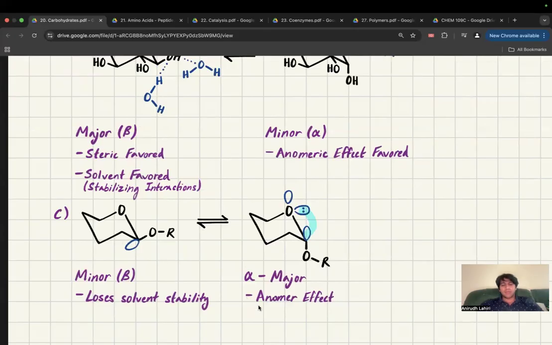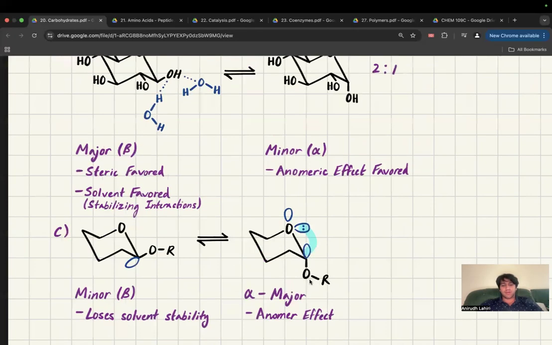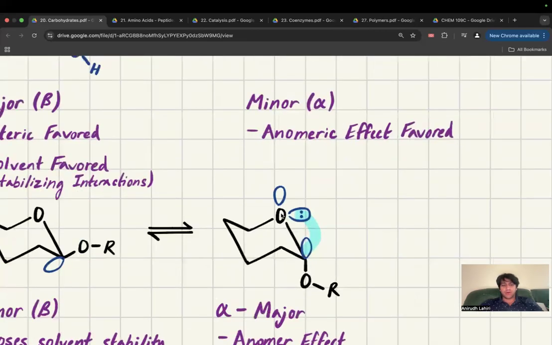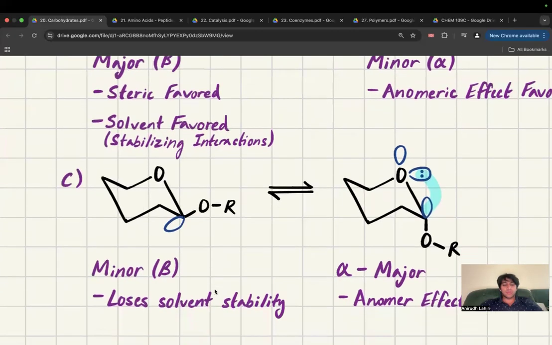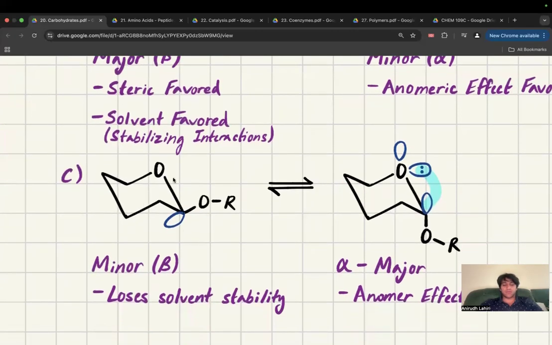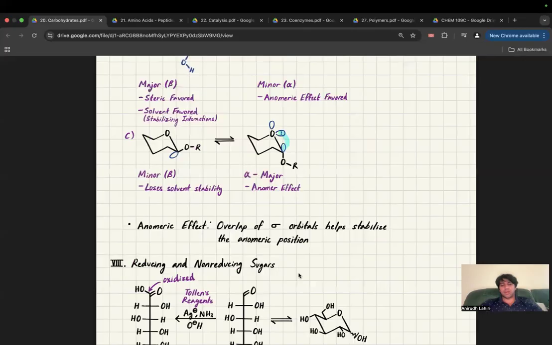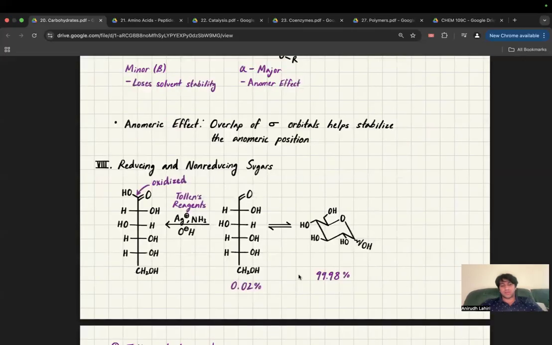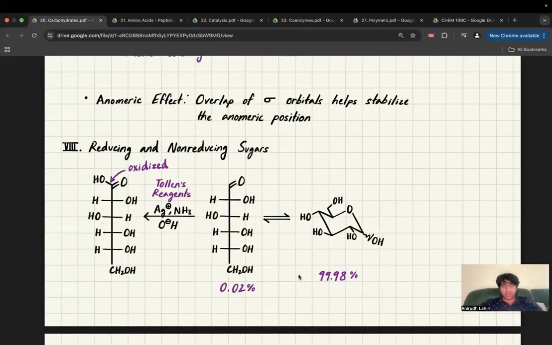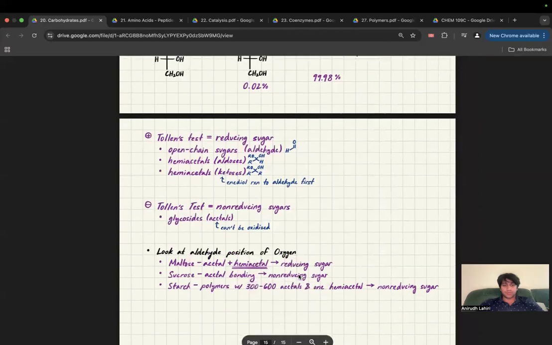In anomeric positioning, when it's down like this, we have an O directly adjacent to it, right? And we have stability by orbital overlap. Here we don't have this because these don't overlap. So it's basically an effect of overlapping sigma orbitals to help stabilize the anomeric position. And oftentimes you'll find that this is a very relevant and important factor in determining which structure of carbs is more stable. Okay, cool.